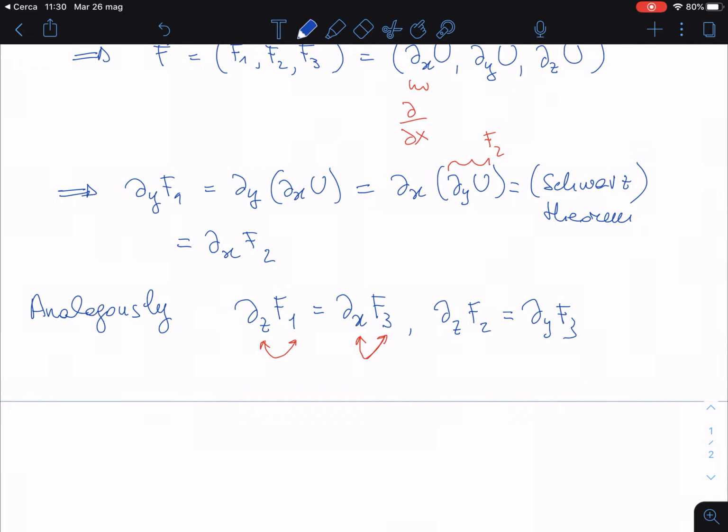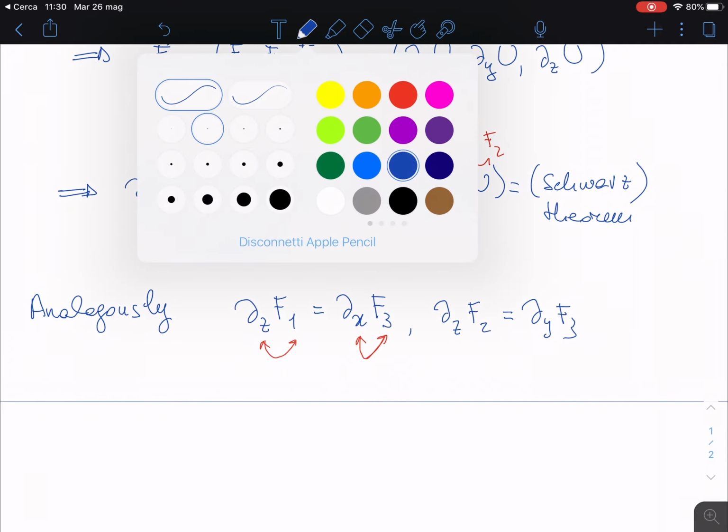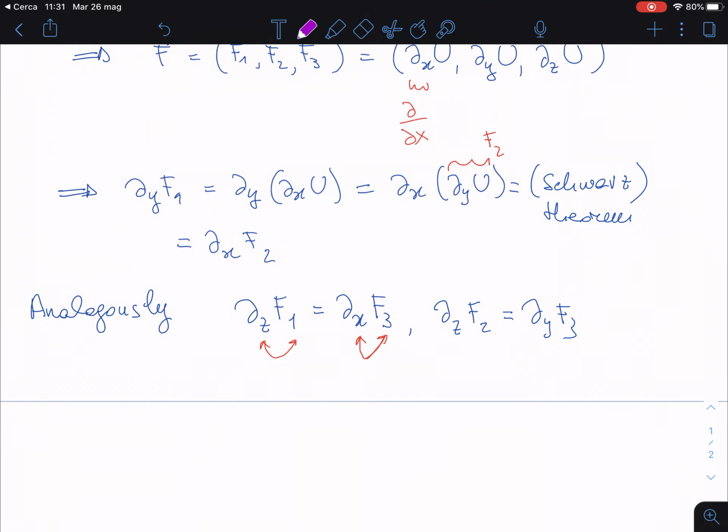And remember that at the beginning we introduced what is called the curl. So the curl of a vector field. The curl, I write it here better, curl.